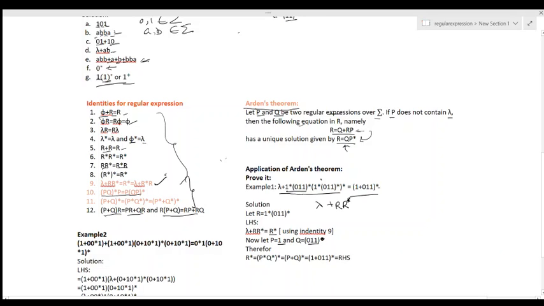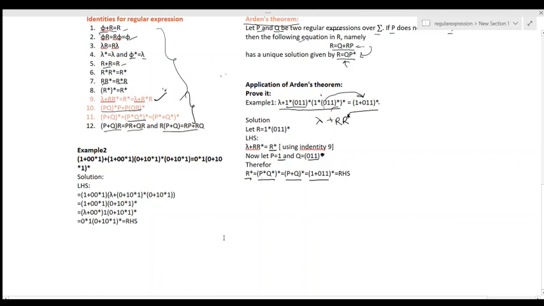In the identity, P star Q star whole star is equal to (P plus Q) star. Using this identity, R star equals (P plus Q) whole closure, that means (1 plus 0 0 1) closure, which is the RHS. So using these simple identities we can get from the LHS to the RHS.